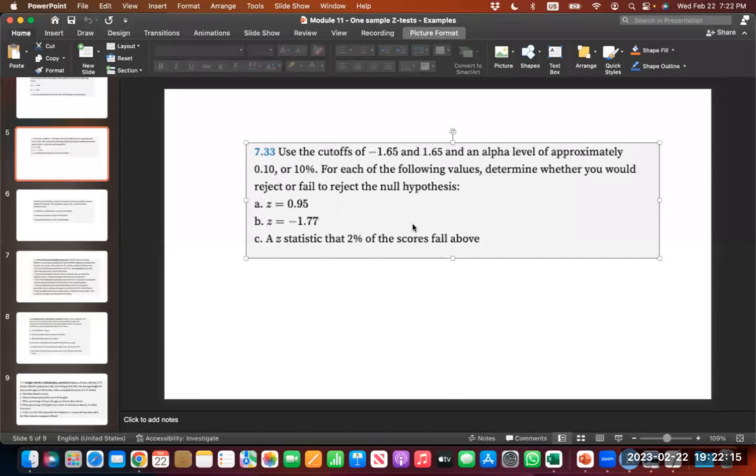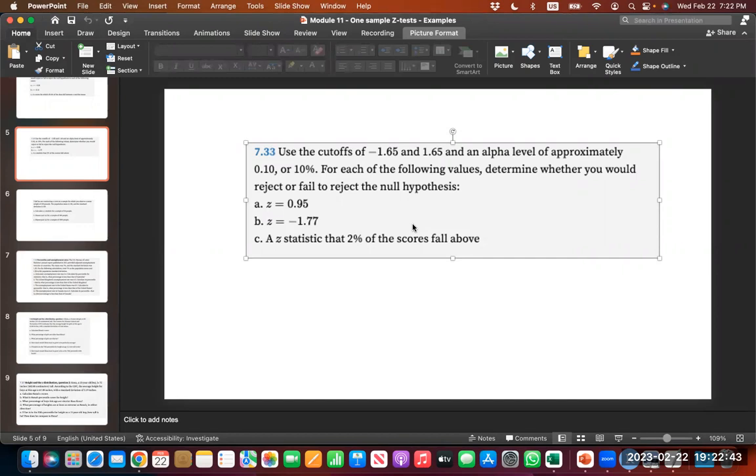So if you have a cutoff of minus 1.65 and 1.65 for a 90% confidence interval, and you have a z-score of 0.95, are you rejecting or accepting the null hypothesis? Because it's not exceeding those thresholds, of course, you will accept the null hypothesis. If you have a z-score of minus 1.77, it's exceeding the thresholds for 90% confidence intervals.